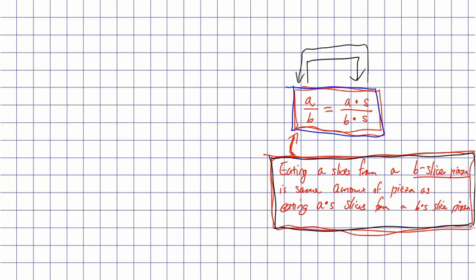So if you started with a times s over b times s, then you can cancel the s's, draw the slash mark through these or not, doesn't matter to me, and you'll be left with a over b. We don't have a plus s over b plus s going to a over b. That's a common mistake, but the reason why not is because we haven't given any reason why you could cancel a plus s.